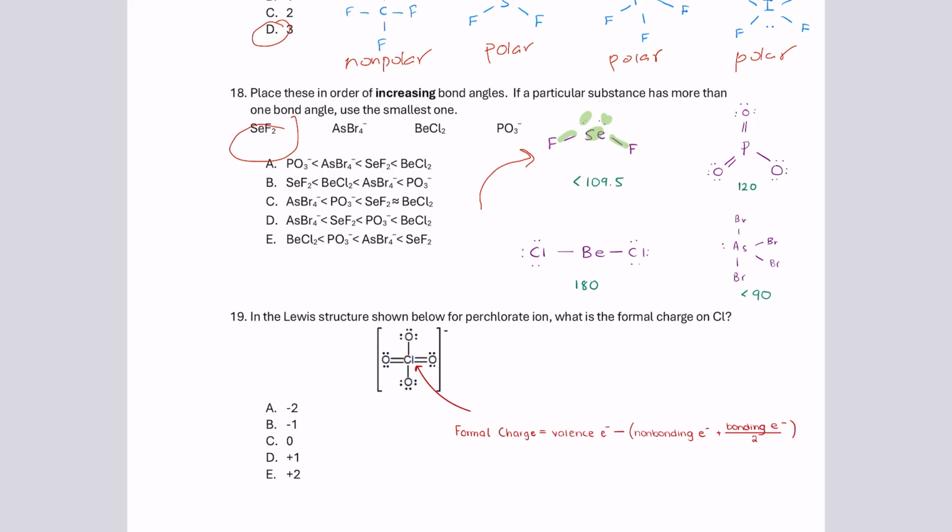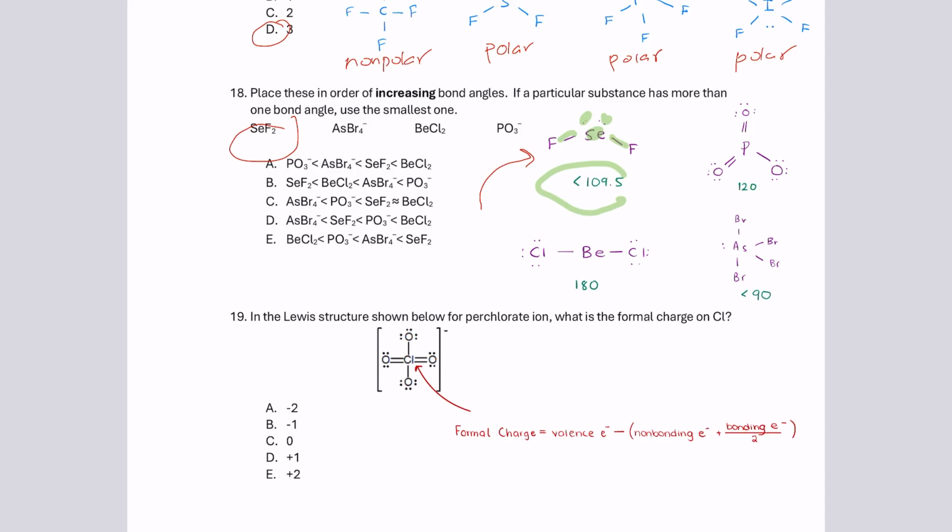However, this molecule is polar due to the presence of 2 lone pairs, and these 2 lone pairs have a repulsion that pushes the fluorine atoms closer together, and it gives a bond angle of less than 109.5 degrees.